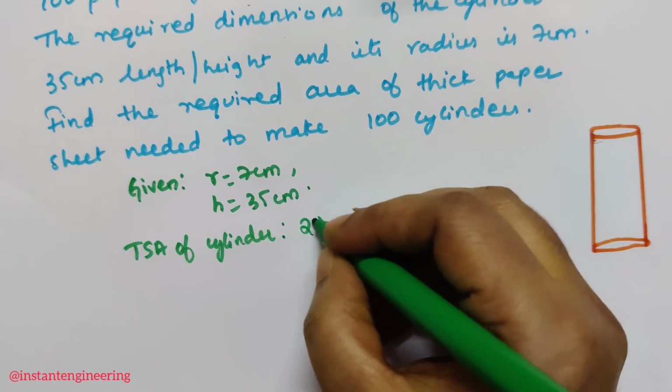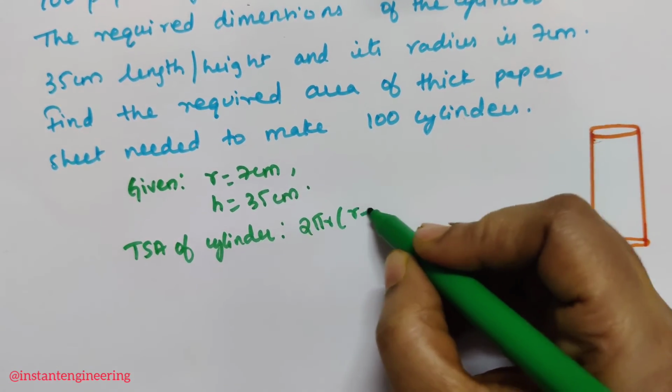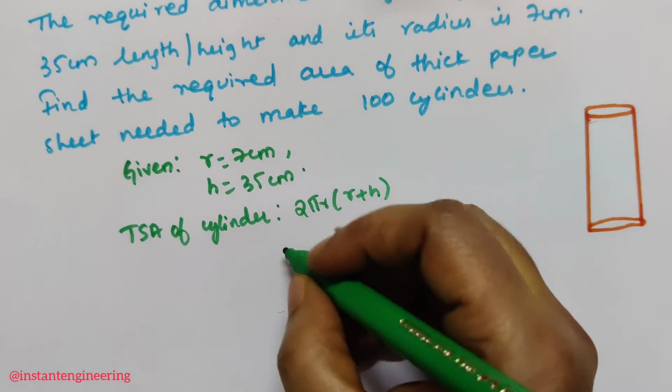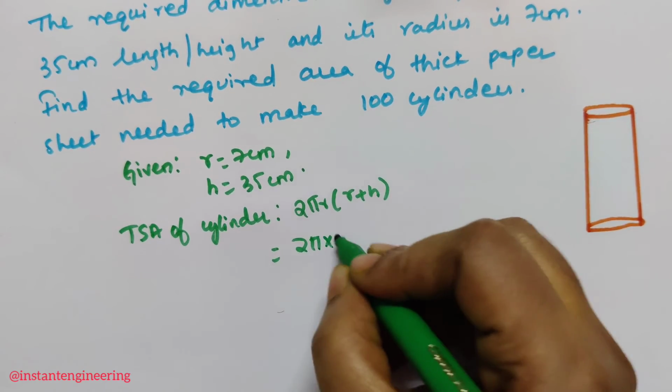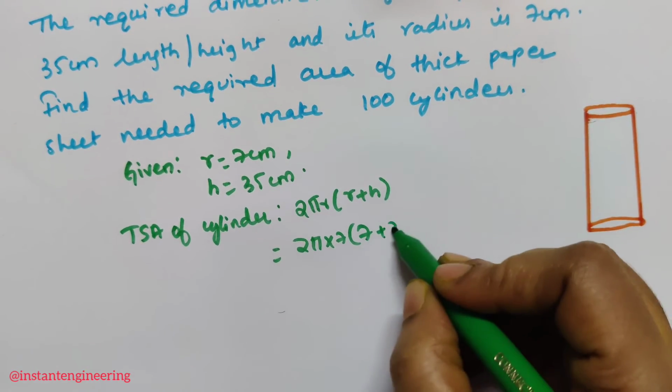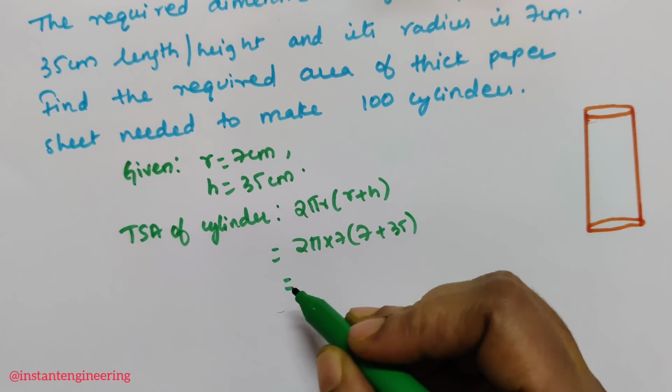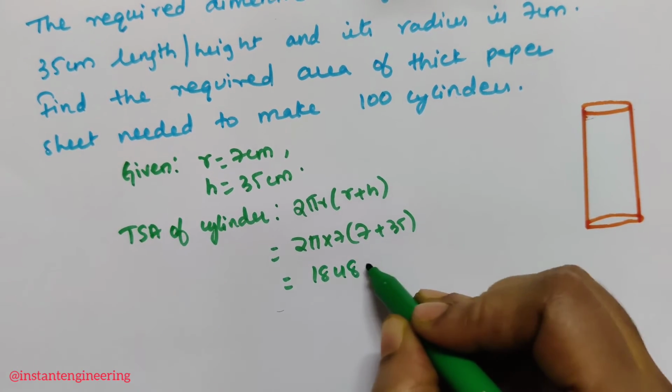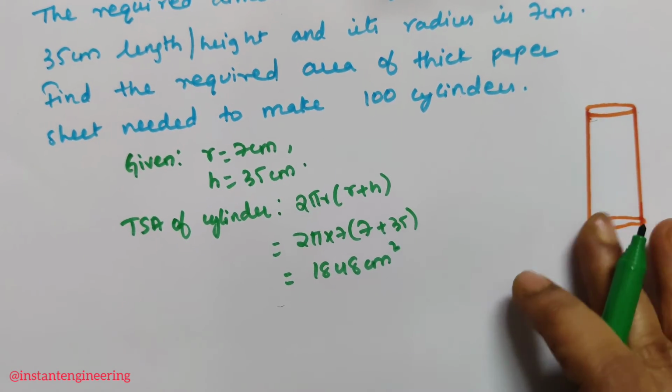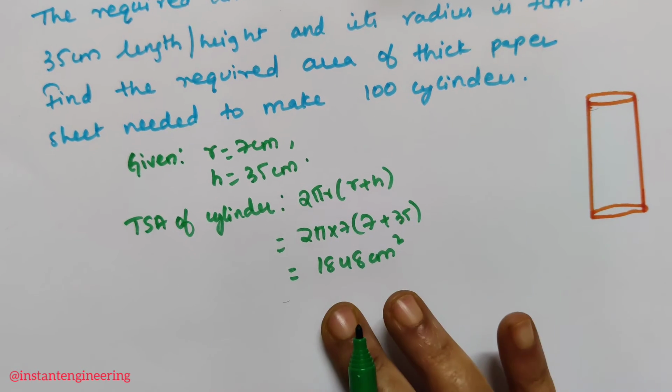That's why the total surface area is 2 pi r times (r plus h). Substituting all values, 2 into 22 by 7 into 7 into (7 plus 35), so this value is around 1848 centimeters square. This is the TSA.